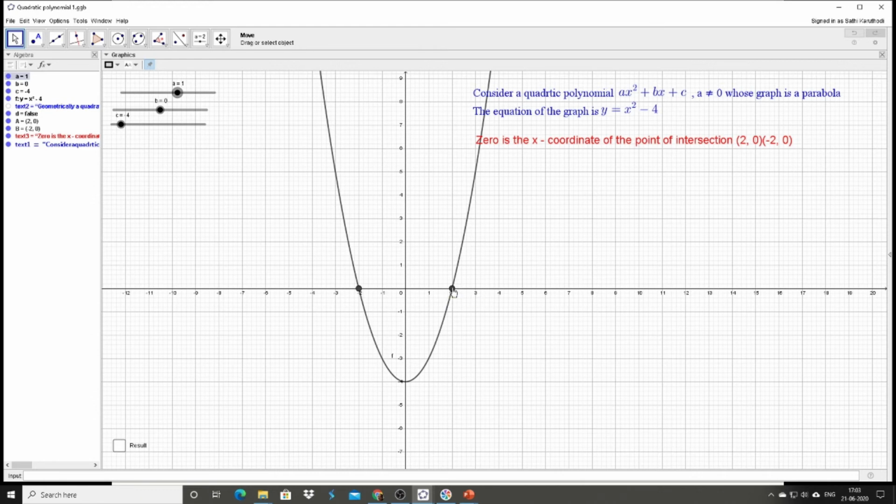When 1 point is coming, both the points are equal. When the 2 points come as equal, then we can say that it intersects at 1 point. Then in some places there is no point of intersection. Therefore, we conclude that a quadratic polynomial can have either two distinct zeros or two equal zeros or no zeros.